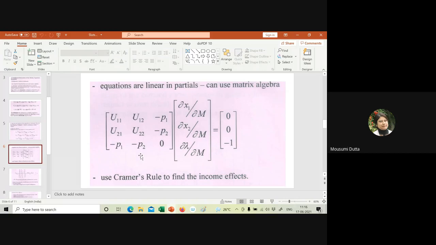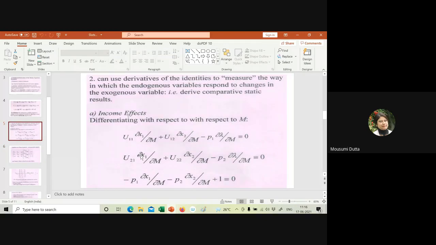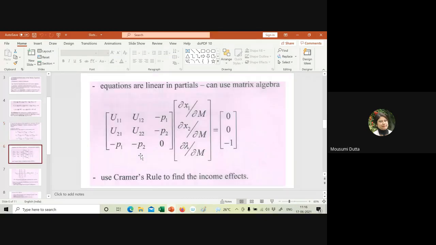First, what do we have to check before using Cramer's rule? What is the precondition for applying Cramer's rule? The determinant exists, a non-singular matrix. Which matrix should be non-singular?